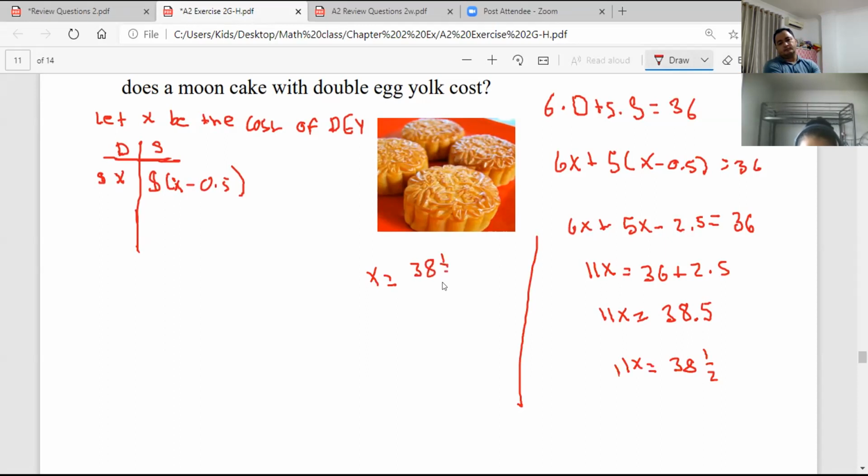38 and a half over 11. Shahina, write it as a single fraction, as an improper fraction. Like this, we can simplify it.